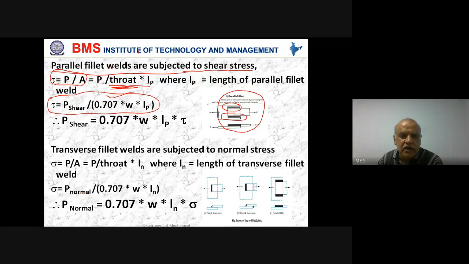From this equation, I can extract P shear, because shear load is given by 0.707 W into length of parallel fillet weld into shear stress. Just cross multiply this denominator to the left hand side, we get P shear. Please note down these equations.